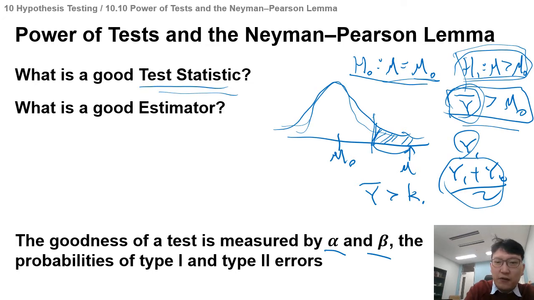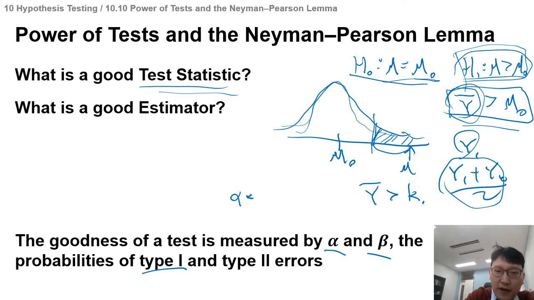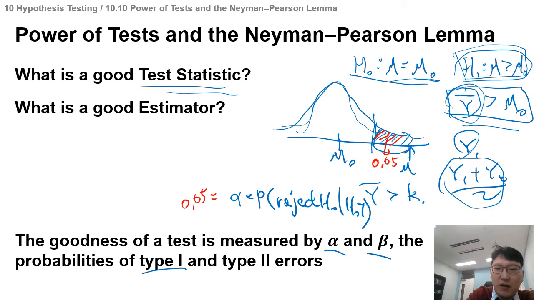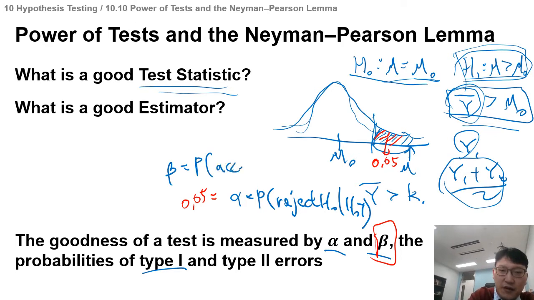The type 1 error alpha is the probability of rejecting H0 when H0 is true. So alpha is this area, and if alpha is 0.05, this is 0.05. Beta, the type 2 error, is the probability of accepting H0 given H1 is true.